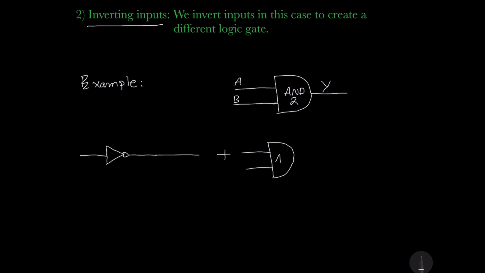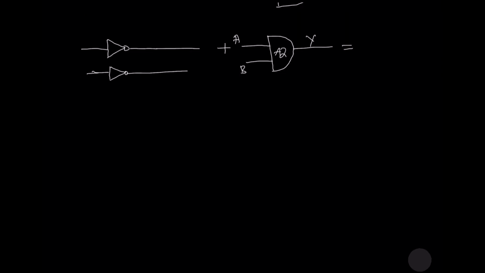Alrighty, so instead of N2, I'll write AND2, output Y, A, B. So basically this is the inverter, so I have to add that inverter to both inputs. So what will our new logic gate be? We'll have to find that out, see how that goes.